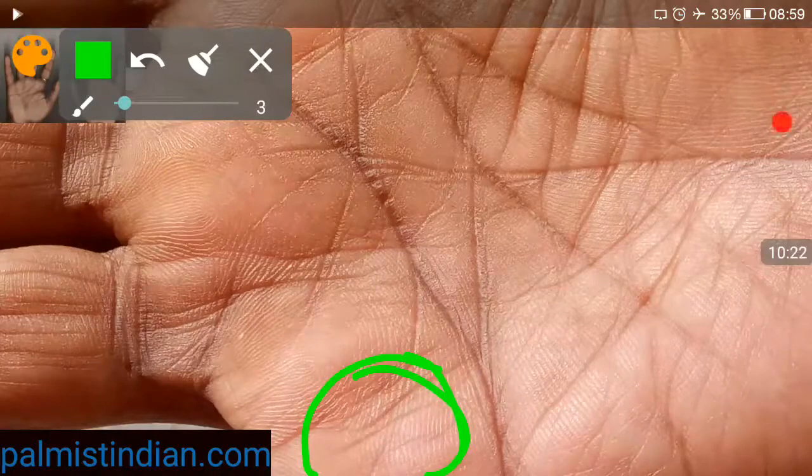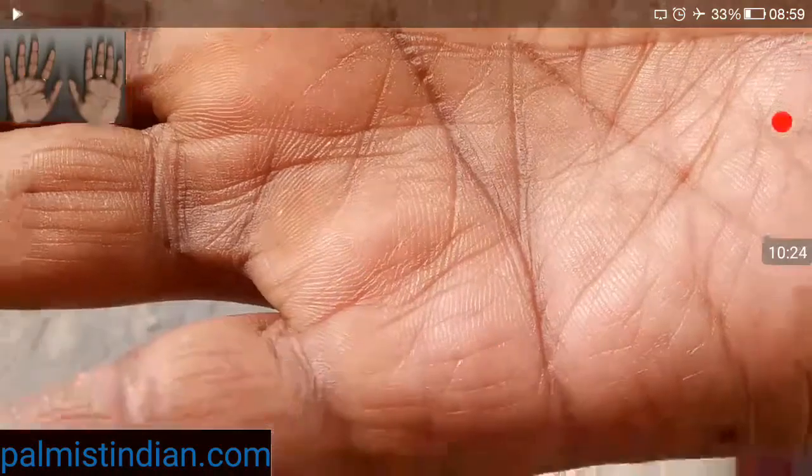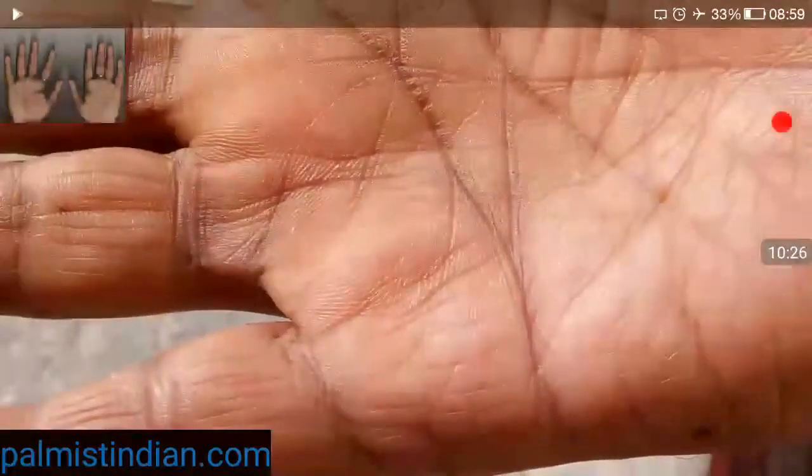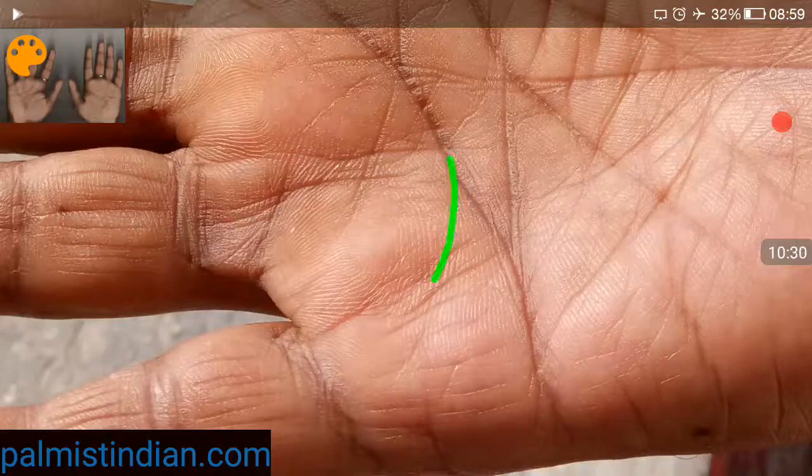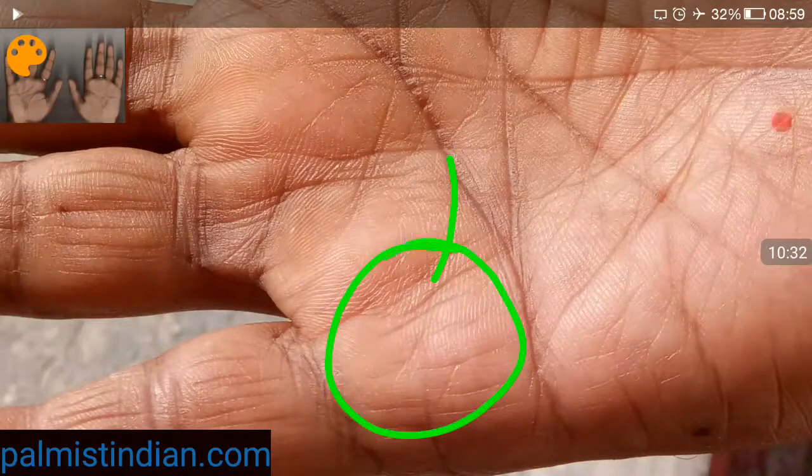So a heart line that basically goes towards the finger of Mercury is quite rare, and one very top person has it.